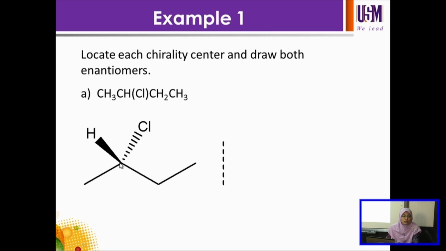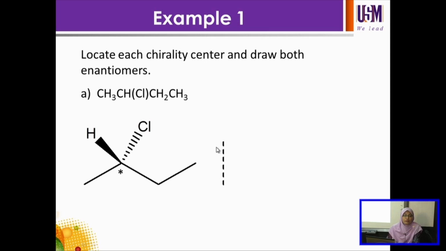So we focus on this carbon. This carbon is attached to a methyl group here and also an ethyl group here, CH2CH3, and then we have the chlorine atom and also a hydrogen atom. So this carbon is the chirality center or the chiral carbon.